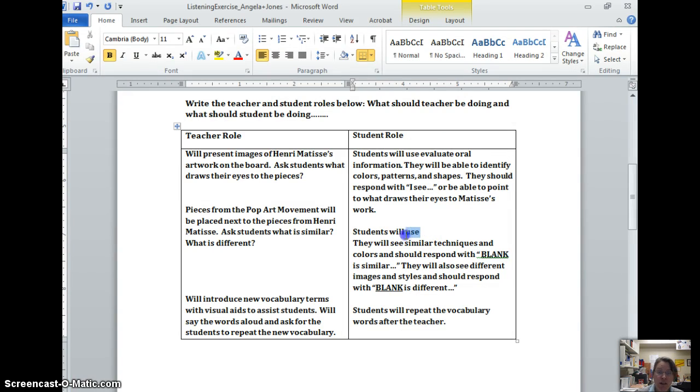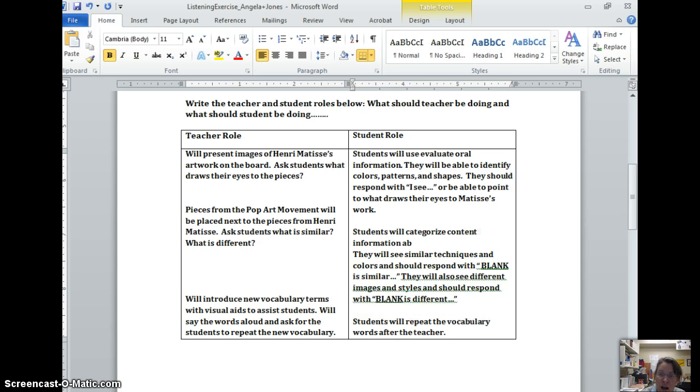Students will categorize content information about Matisse's artwork. All right. They will see similar techniques and colors.